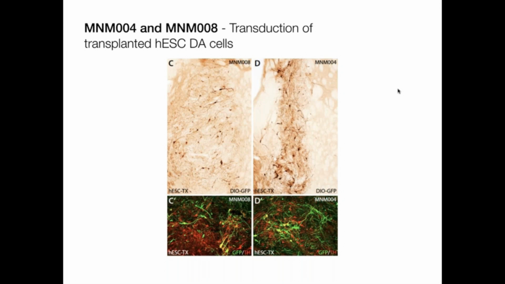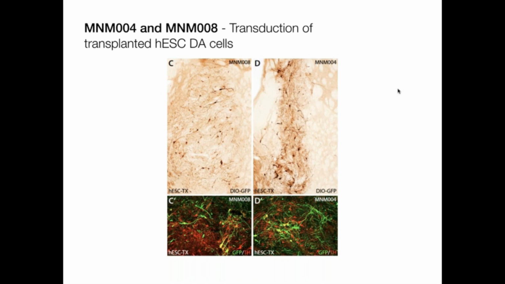We also did an approach to see if we could transduce transplanted human cells, human embryonic stem cells with dopaminergic differentiation. So these cells were transplanted, and then we injected our M008 to the left and M004 to the right.